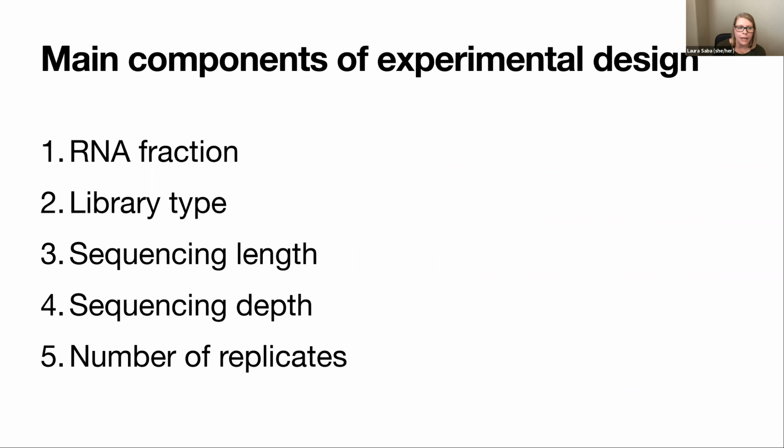The main elements that you need to make a decision on right away when talking to your core or a for-profit business that would give you these read counts are which RNA fraction you're going to look at, and we'll go over that in a little more detail, the library type, the sequencing length, sequencing depth, and then number of replicates. So let's break these down individually.